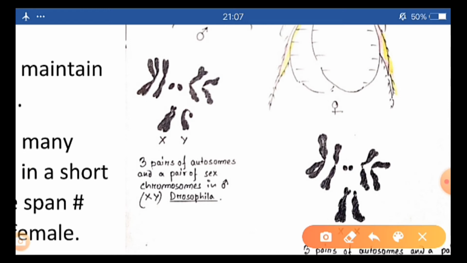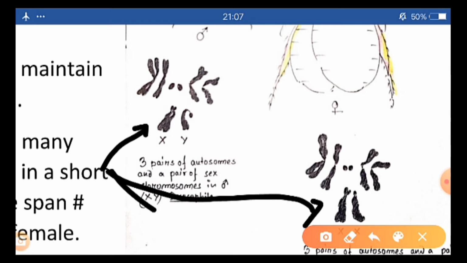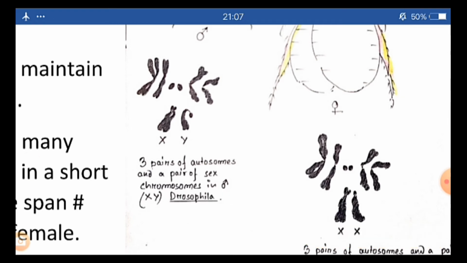And interestingly, if we study the sex chromosomes, then these three, one from the male and two from the female, are morphologically similar, that is homomorphic. But this one is different.